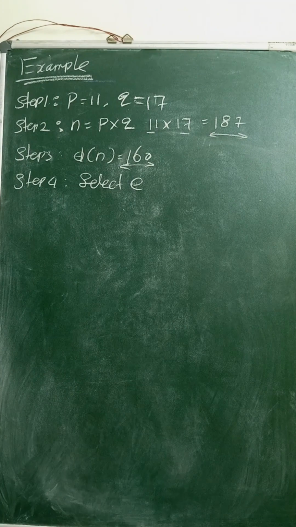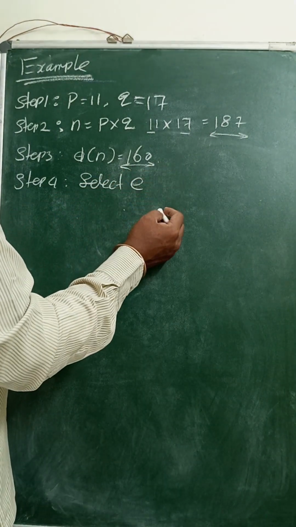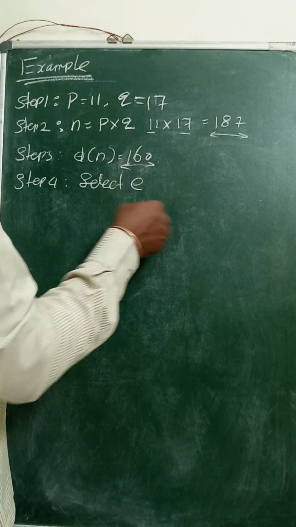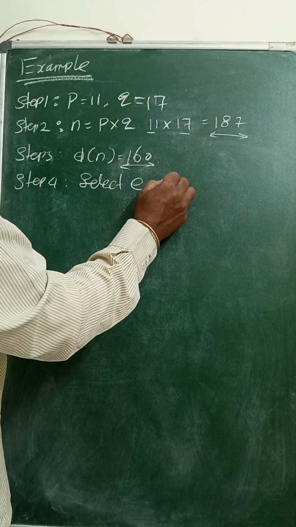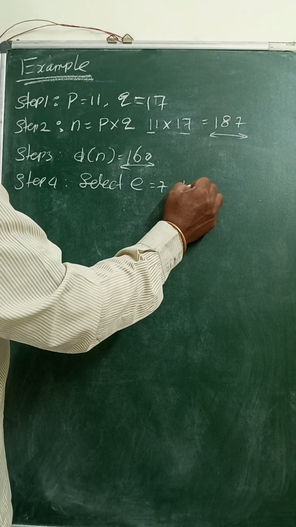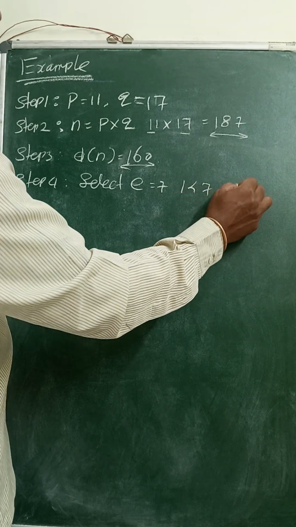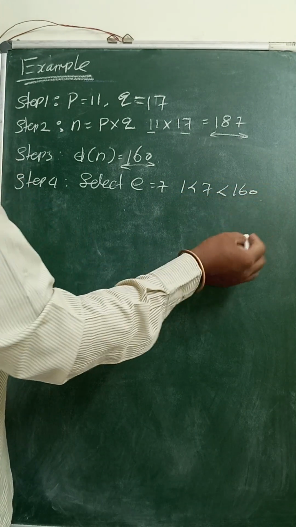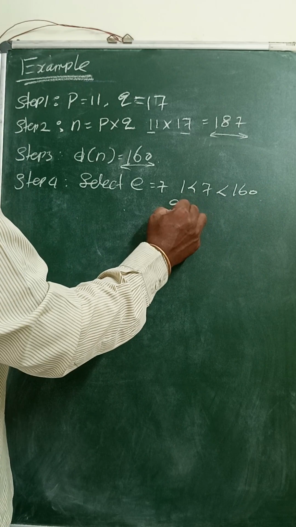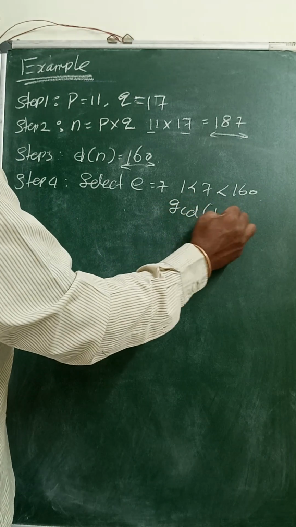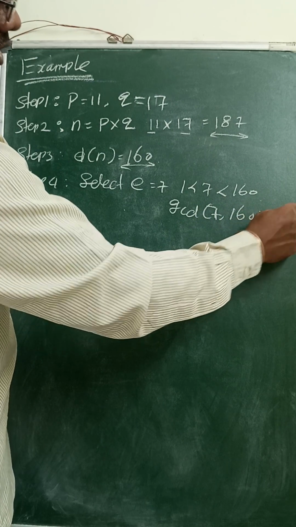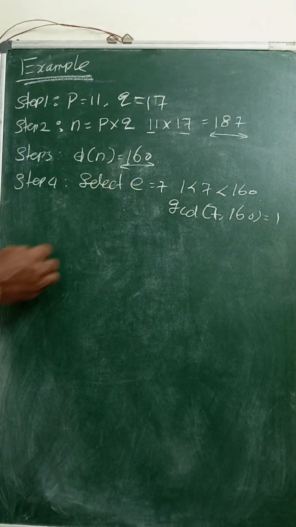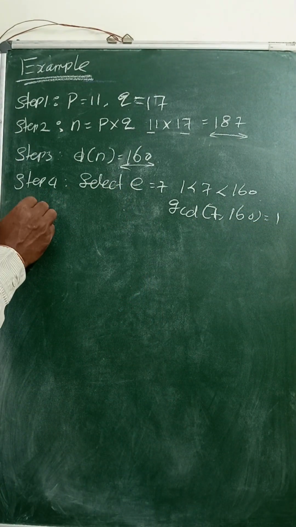So, selecting E, we have to select under certain conditions. How to select E now? We already have E into D. The condition is that E is above one. Suppose we select some number, any number you can try. Why are we selecting 7?